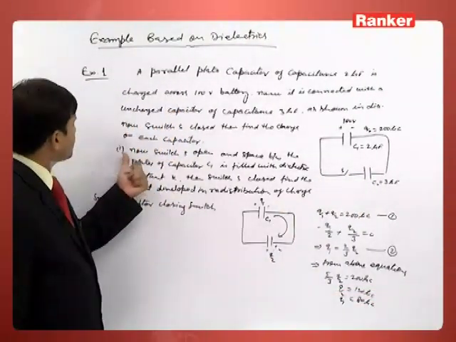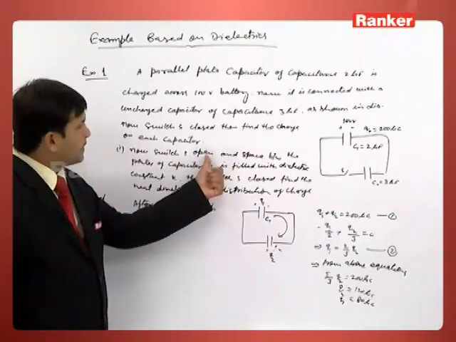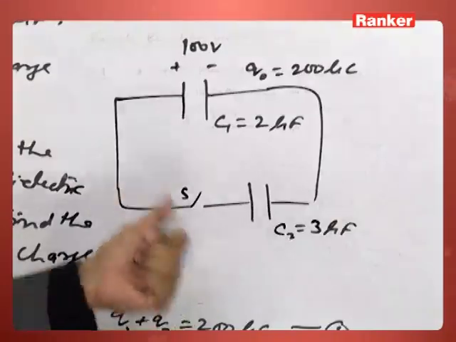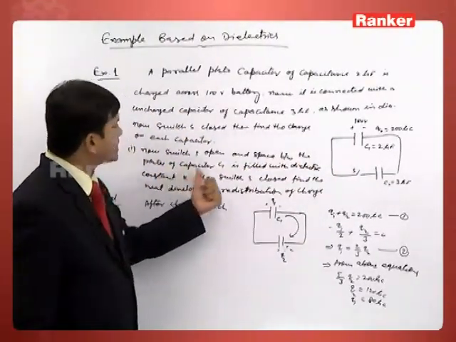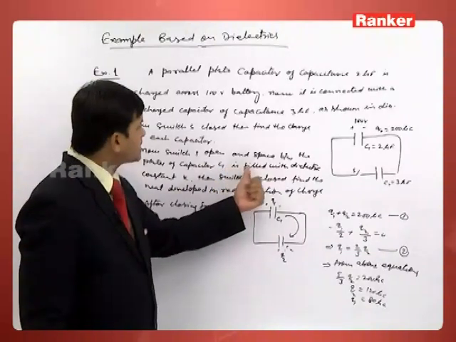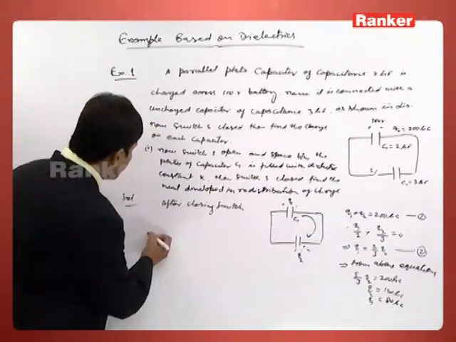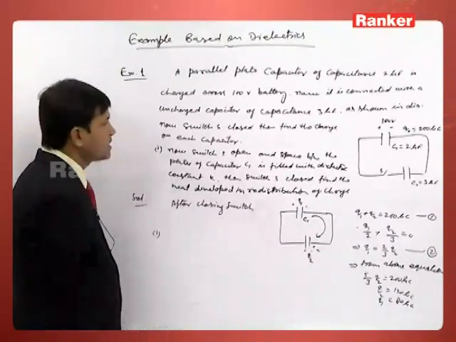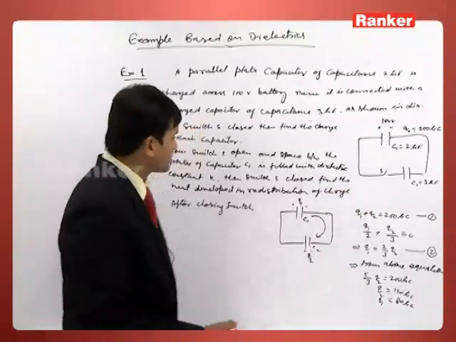Now come to the next part of this problem. Now switch S is opened again, and the space between the plates of capacitor C1 is filled with the dielectric constant K. So see for this part.